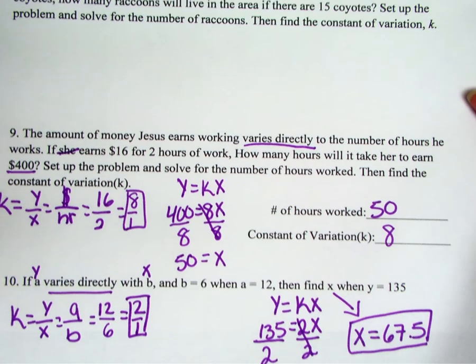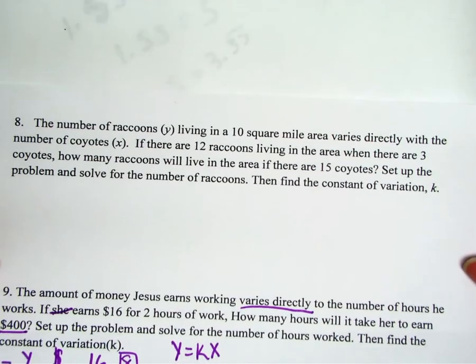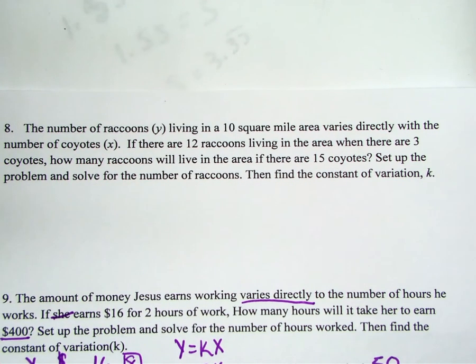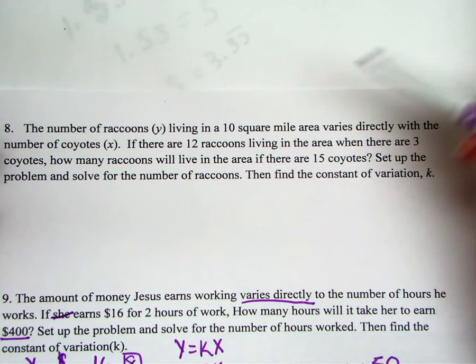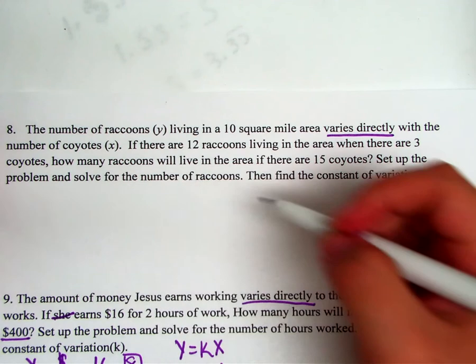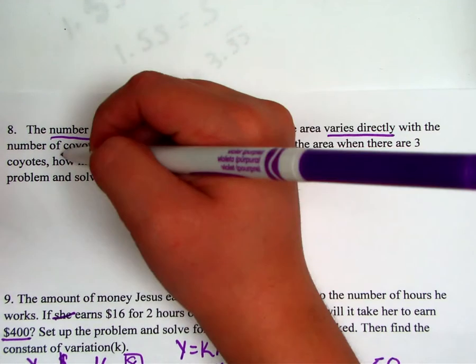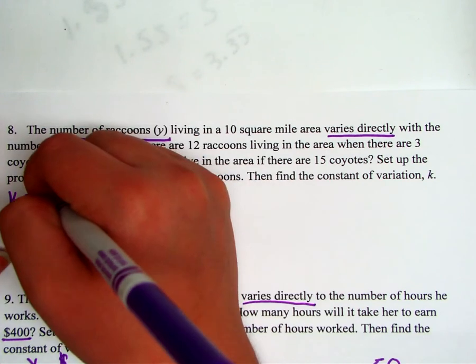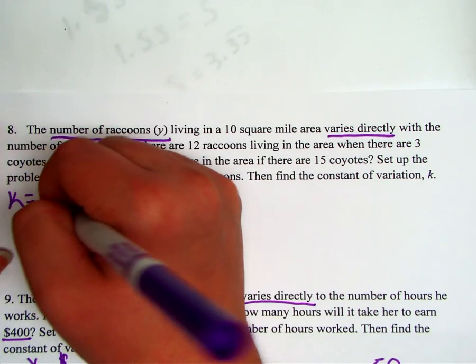Alright, last problem on our review, guys. Ready? Now this one says the number of raccoons Y living in a 10 square mile area varies directly with the number of coyotes. So they were nice enough to give you what X and Y was going to be. So K is equal to Y over X, and that never changes.